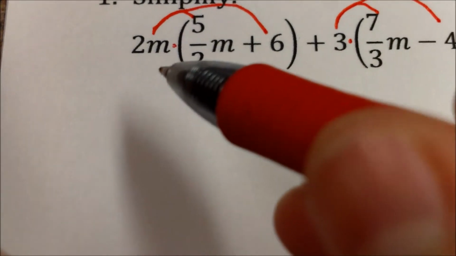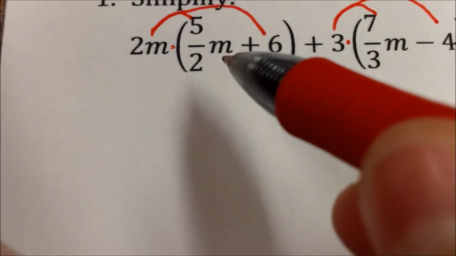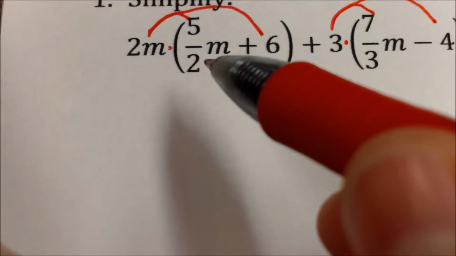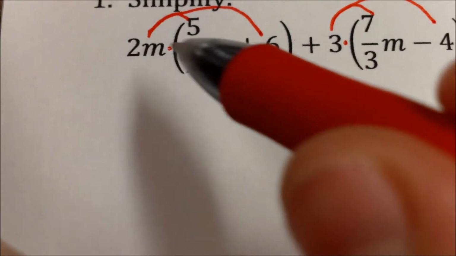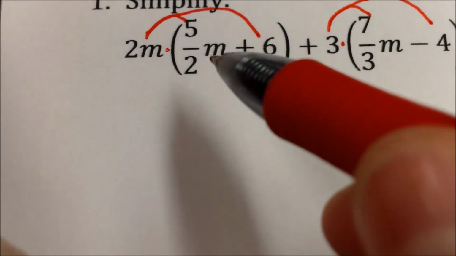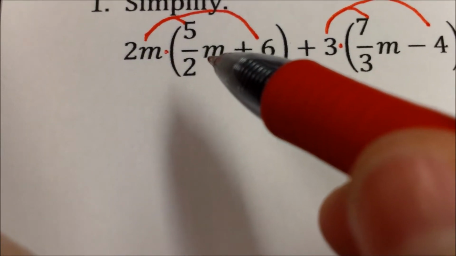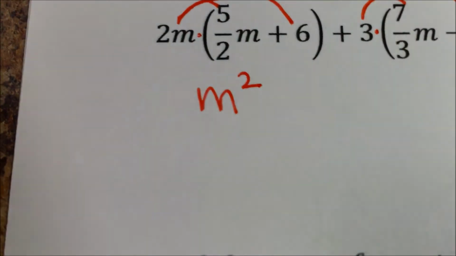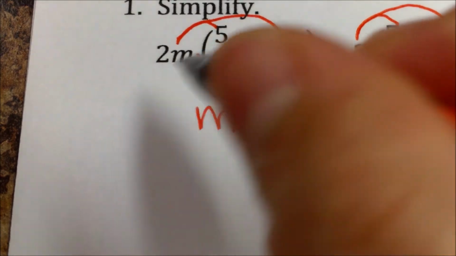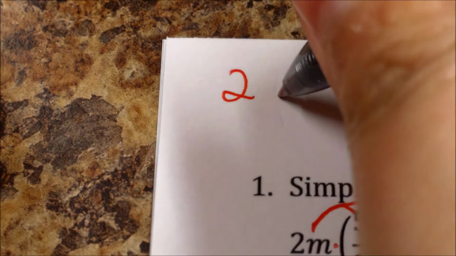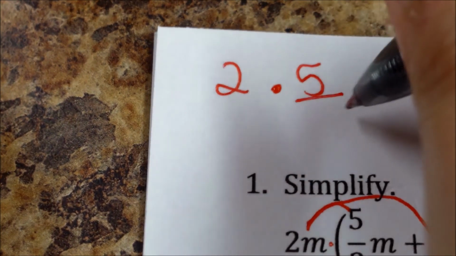Okay, so you have to be careful because here you have an m times an m. And whenever you multiply, you add the exponents for the variable. So that's an exponent of 1. That one's an exponent of 1. So m times m is 1 plus 1, which is 2. So it's m squared. Now we need to figure out the numbers. So it's 2 times 5 halves. So I'm going to do the work over here on the top. 2 times 5 halves.